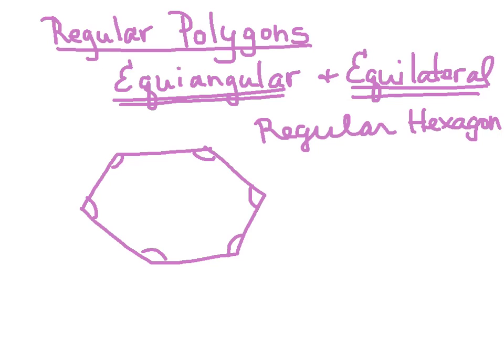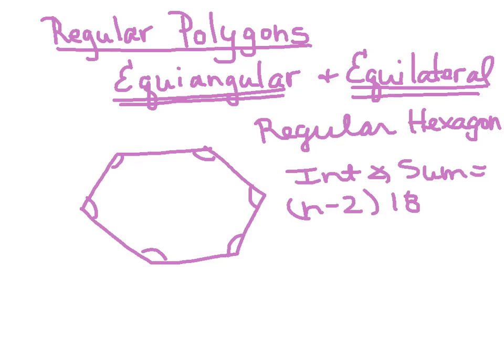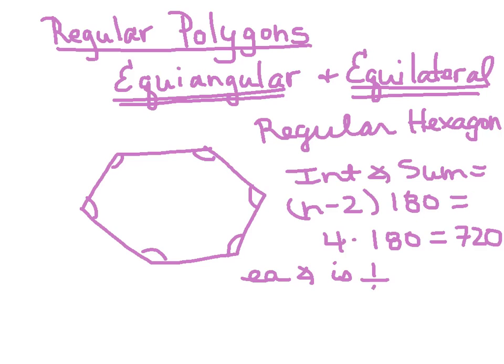Alright, so you know that your interior angle sum equals (n minus 2) times 180, or in this case 4 times 180, or 720. So that means that each angle is 1/6 of 720, since there are 6 angles, or 120.